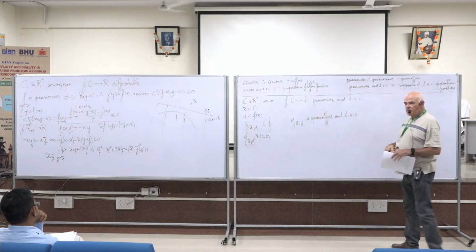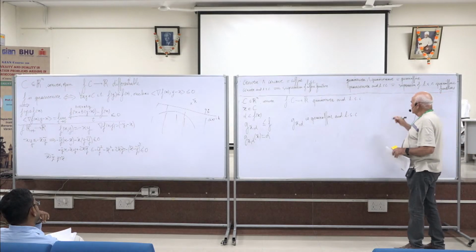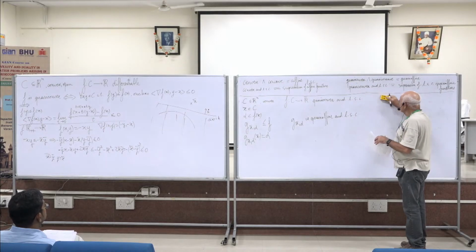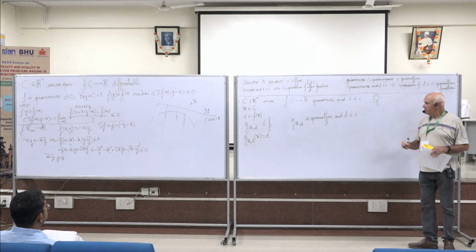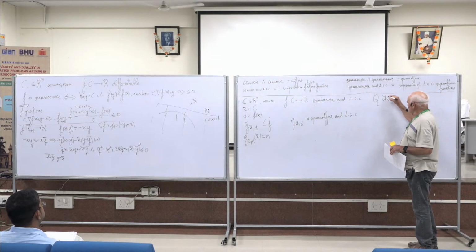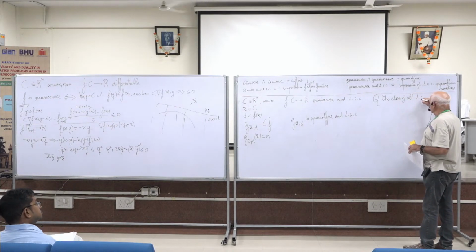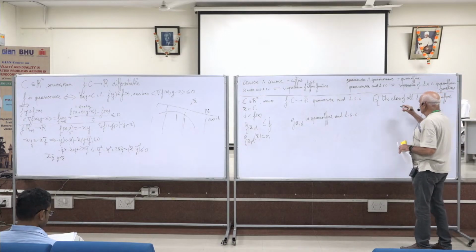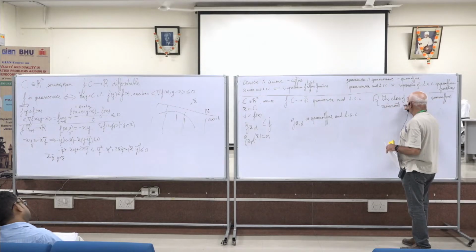So I consider the class, let's say, Q, of all lower semi-continuous quasi-affine minorants of f.